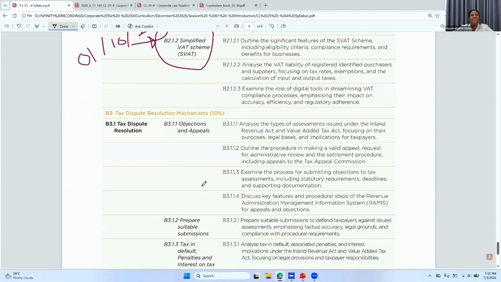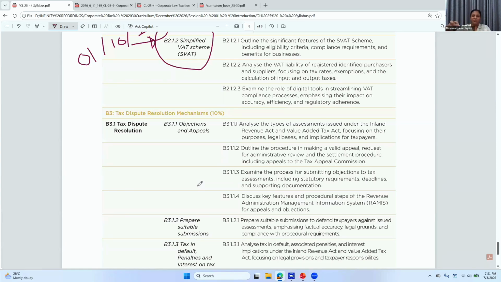And then the statutory provisions applications come under the dispute resolution mechanism. Why disputes? Because the taxpayer and the Department of Inland Revenue may not be in the same agreement, and there is a mismatch between the two parties.